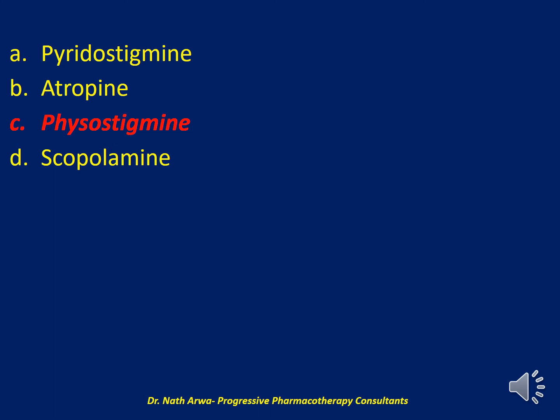To be specific, I would like to underscore the fact that physostigmine should be used in small escalating doses to avoid flipping to cholinergic crisis. Be very careful when using it in this scenario.